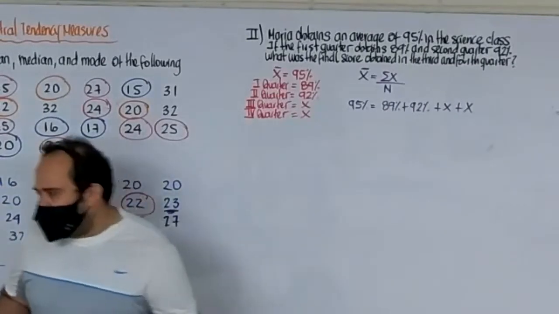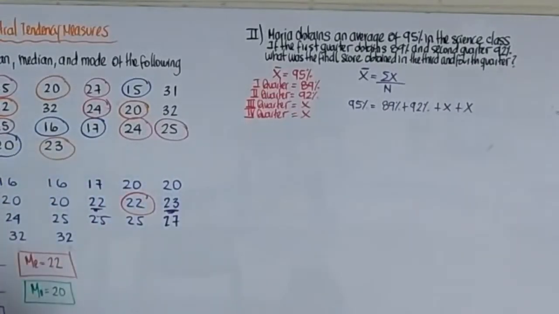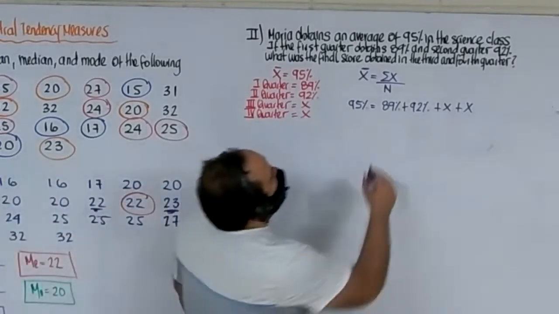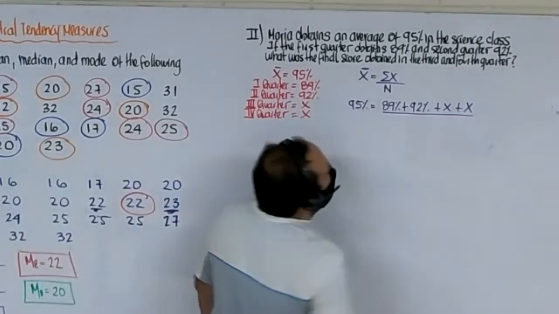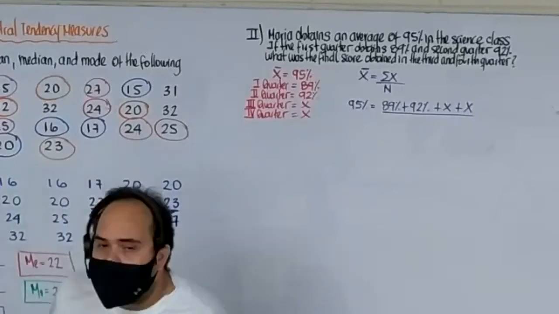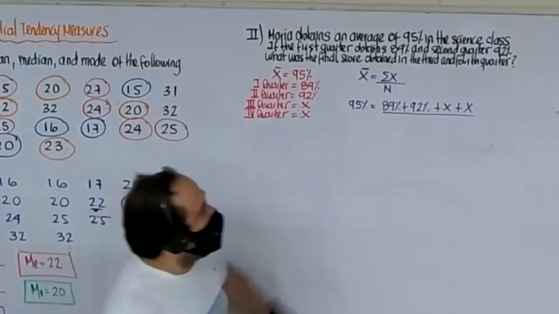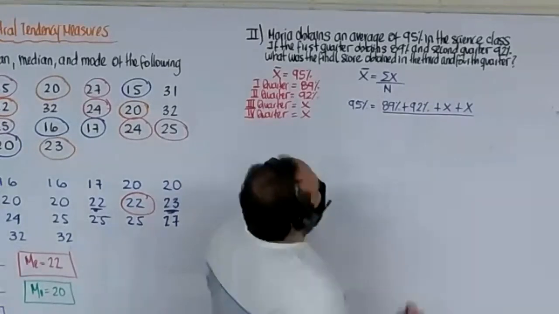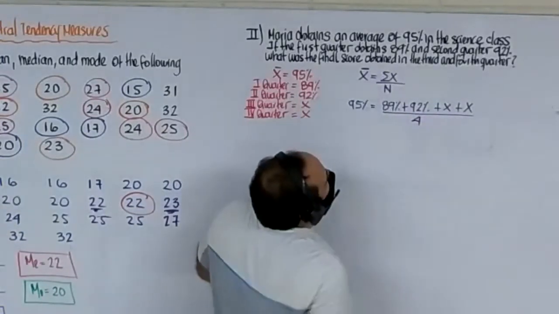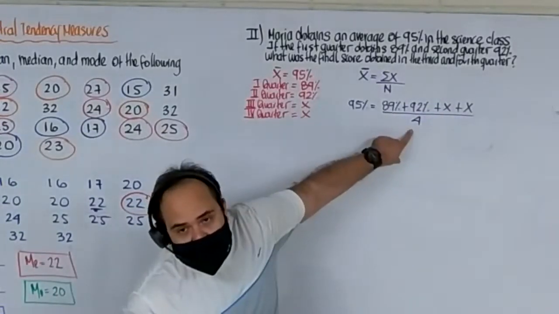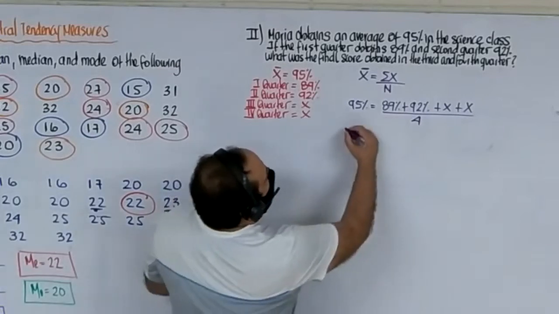Why are we adding? Because it's addition, right? Remember. And these values are divided by how many values? Four. 4 numbers, right? 1, 2, 3, 4 numbers. So this number 4, being a divisor, passes to multiply.